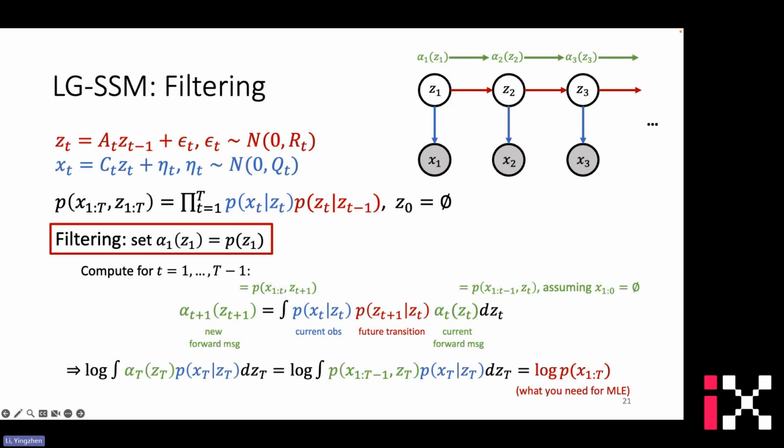Let's think about the last step. We keep passing this message until we hit the last time step t. I plug in the last observation and then integrate out the last latent variable. This gives me back the marginal likelihood we want for maximum likelihood.